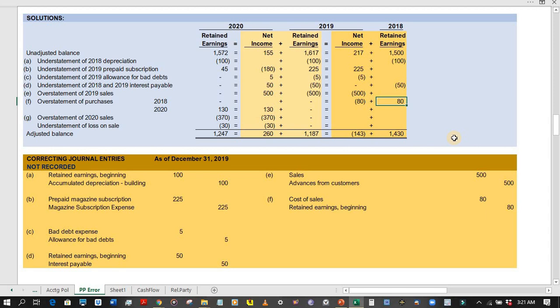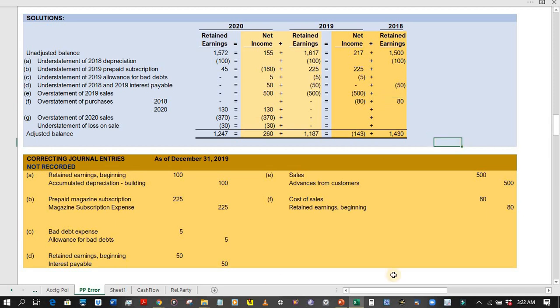So these are the correcting journal entries for 2019 so that we can prepare the restated balances in 2019, which will be presented side by side with 2020 financial statements in the comparative financial statements.